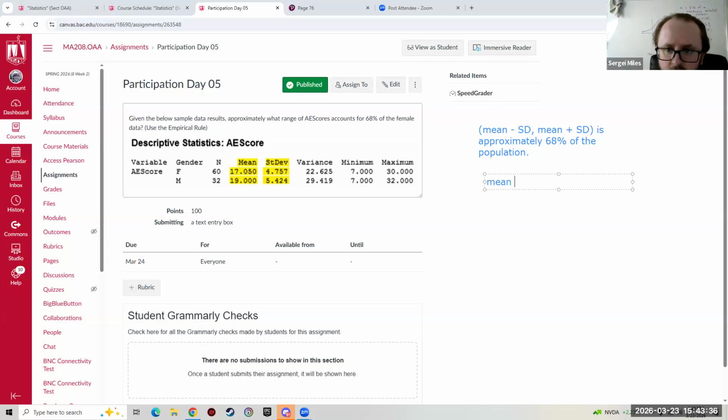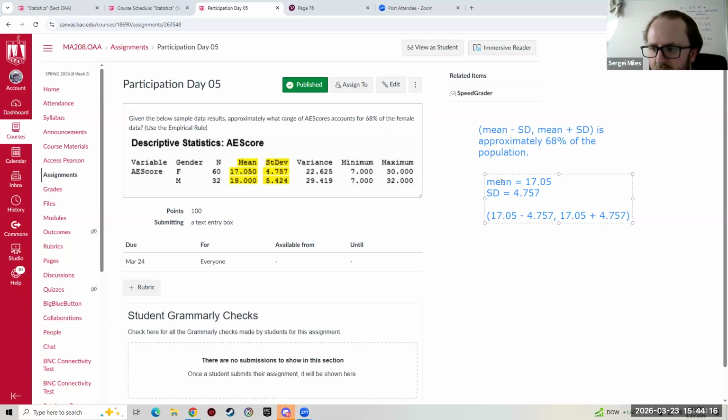The average was 17.05. The standard deviation is 4.757. So 68% is the average minus a standard deviation up to the average plus one standard deviation. So this would be 17.05 minus 4.757 up to 17.05 plus 4.757.